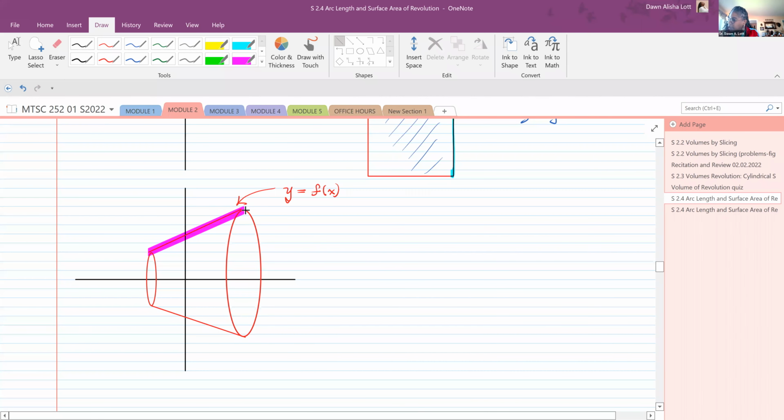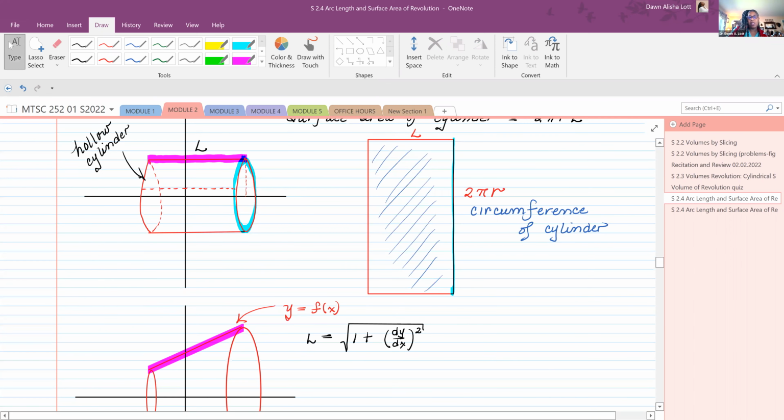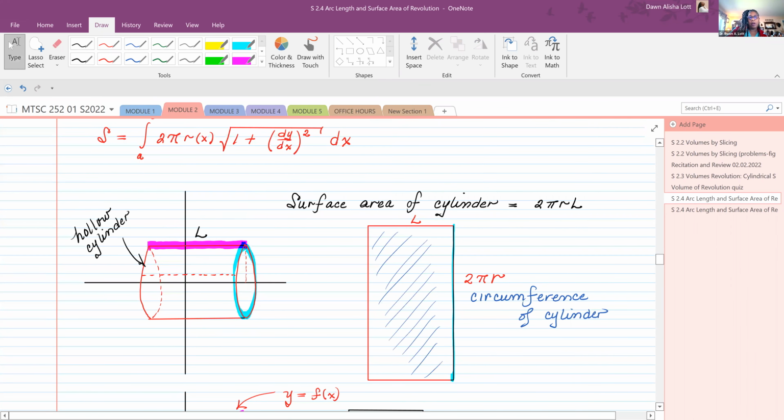The length of that piece is the square root of 1 plus dy/dx squared. So therefore, I'm going to put that L in the place of the L above the other problem.